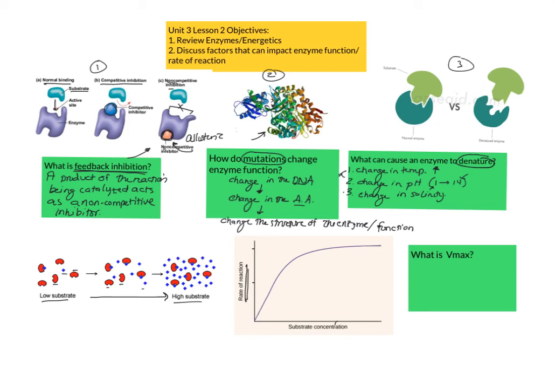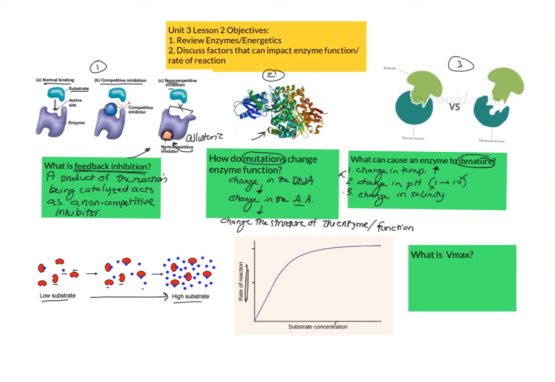The other way is how quickly products are being formed, that is, after the substrate has attached to the active site and the reaction has occurred. So those are two different ways we can measure the rate of reaction. In this graph, it doesn't specify, but either way, a faster rate of reaction is associated with faster use of substrate and faster creation of product.